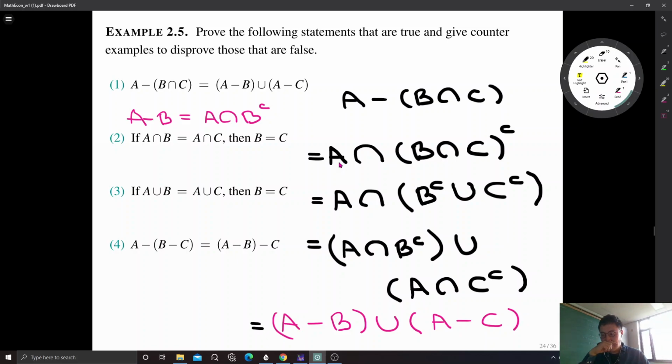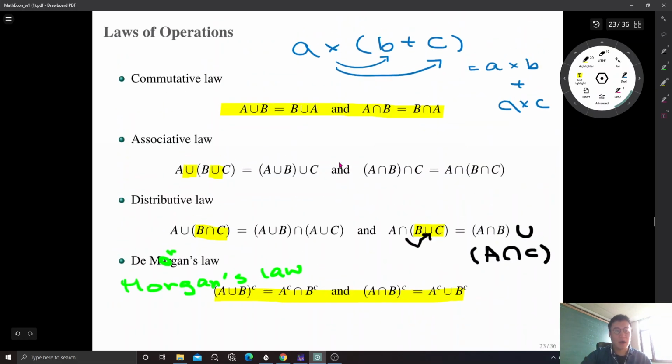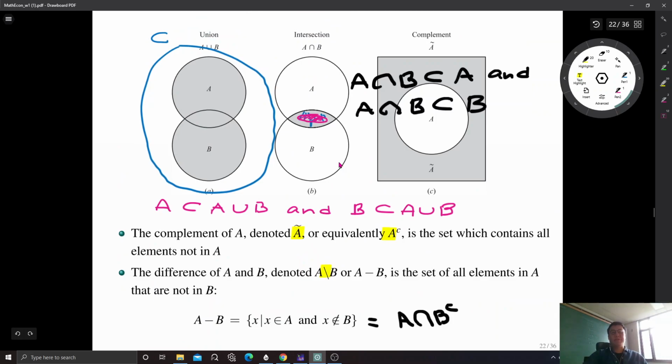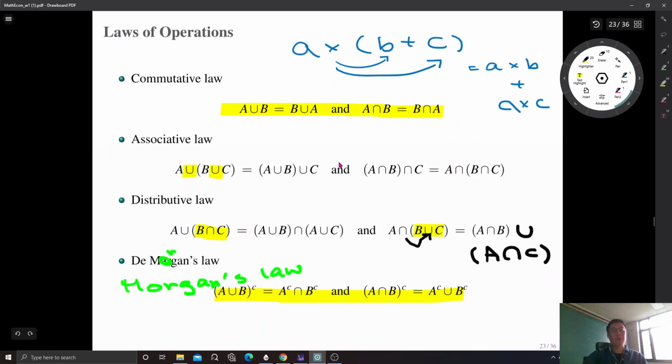And we also studied several operations: union, intersection, complement, and, what is the final one? Yeah, set difference. And we also studied how to operate.